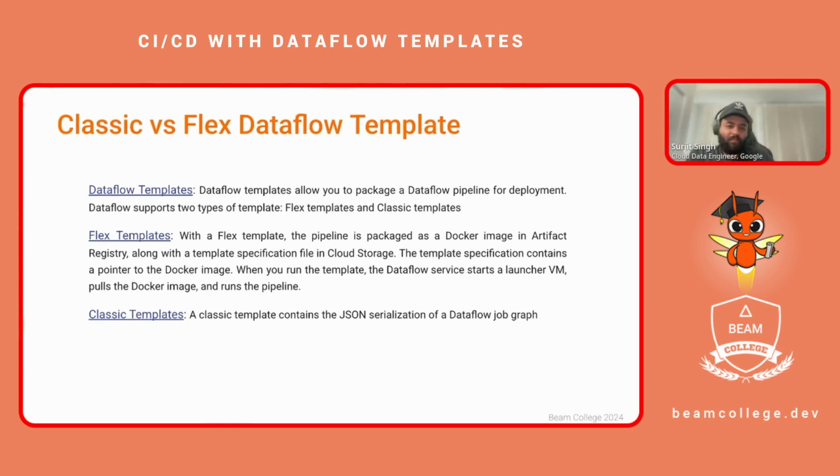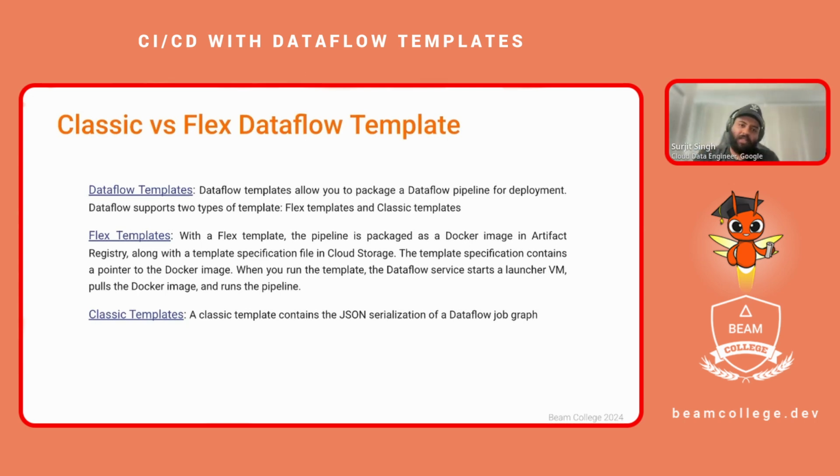There are two types of Dataflow templates, Flex and Classic. Flex templates let you build a Docker image where you package all your code dependencies into a Dockerfile, and it also creates a specification file on Cloud Storage. So when you launch Dataflow, you reference that Docker image to launch your Dataflow pipeline.